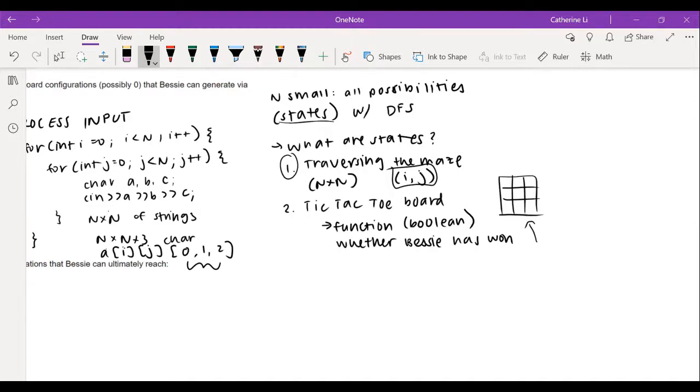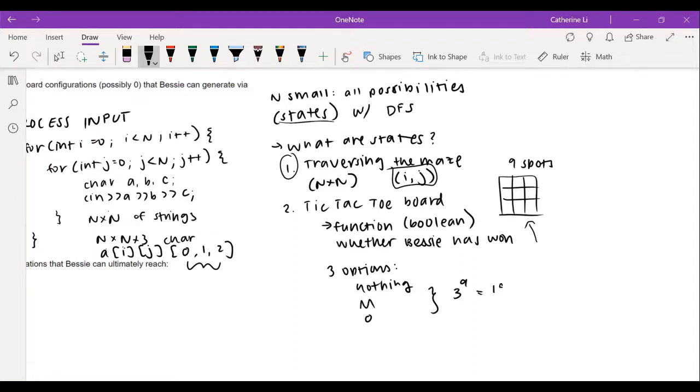Either there's nothing, there's an M, or there's an O in it. Which means that since there's 9 spots here, we have 3 to the 9th different possibilities, or states, for the tic-tac-toe board.